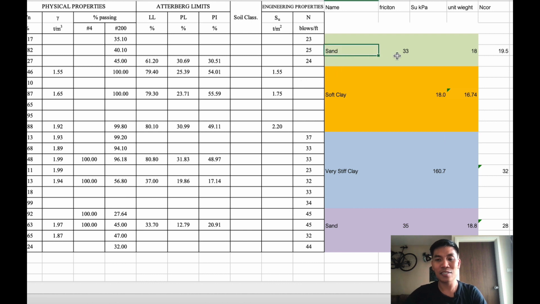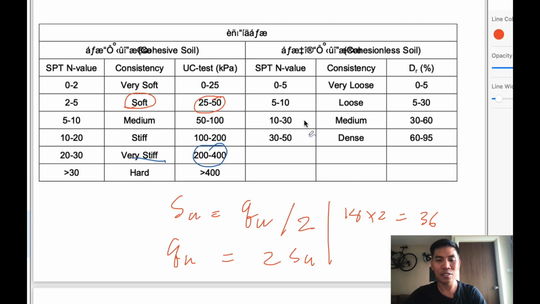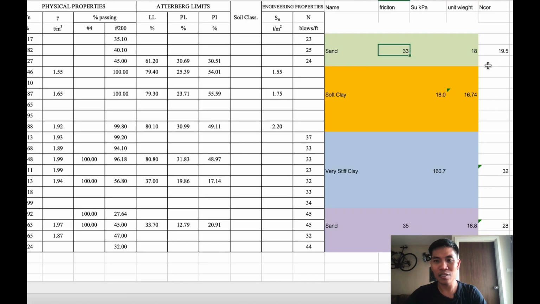Sand here, phi equal to 33, so we can see it from this. We have to see from the N value. N value is without any kind of correction from this. So we come back to N average, about here. N without correction is about 25, 24.